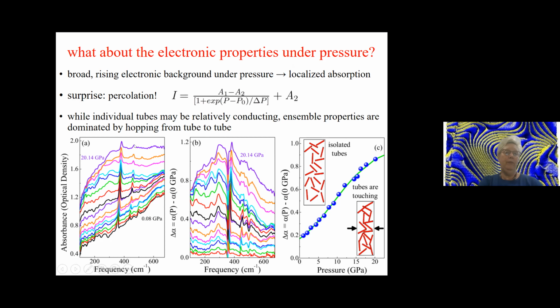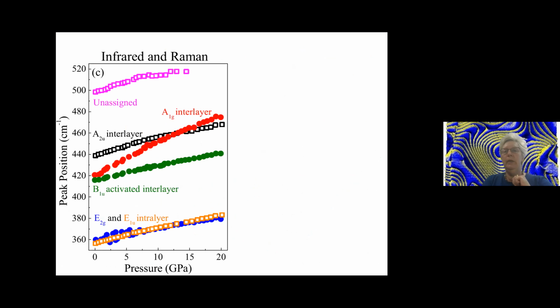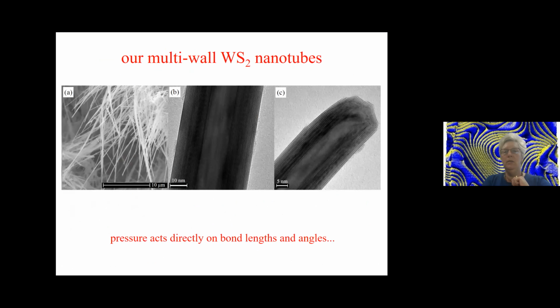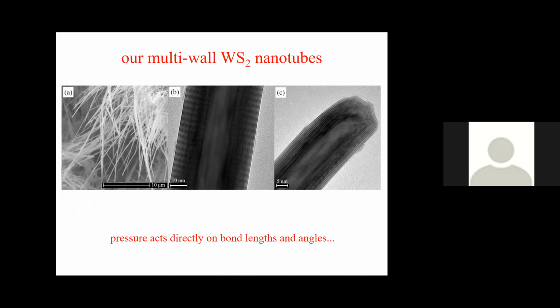If you were to press and maybe get up to 100 GPa, you could drive this to zero and get a Drude response. But in this pressure range, there's no metallization, unlike a lot of the very traditional layered chalcogenides. Remember, these are tubes, so it makes sense that eventually you have charge hopping from tube to tube, and that's percolative. Awesome, thank you very much.